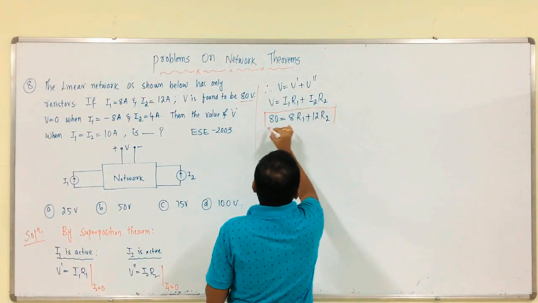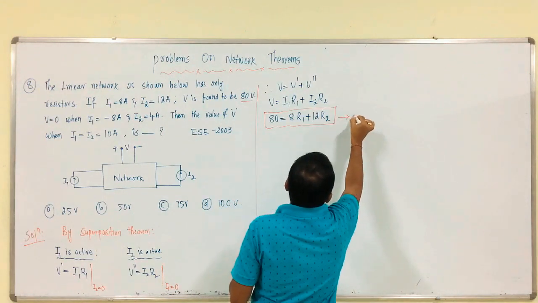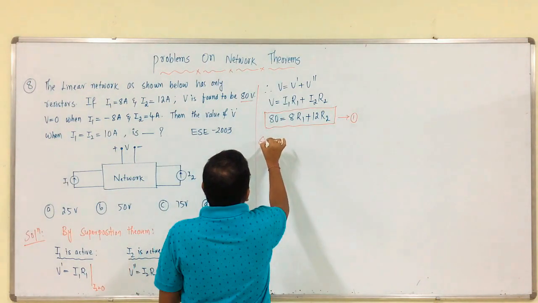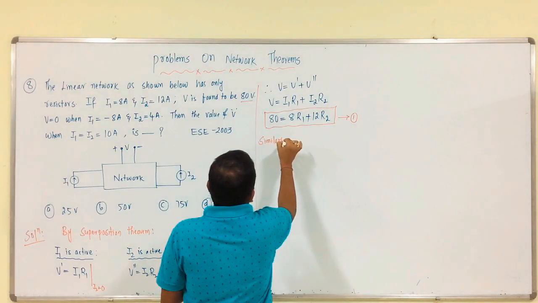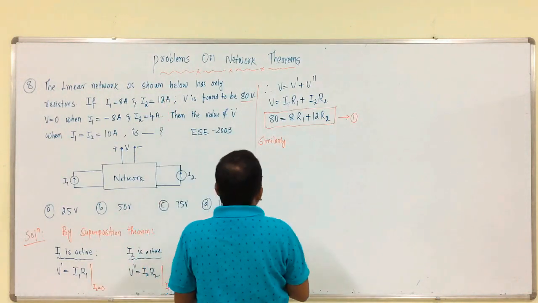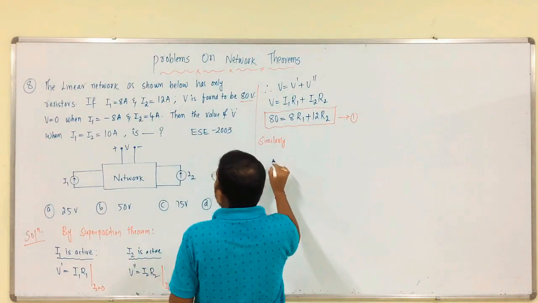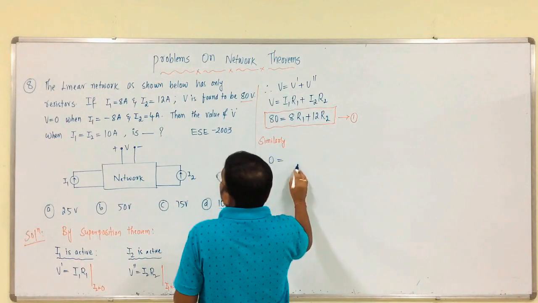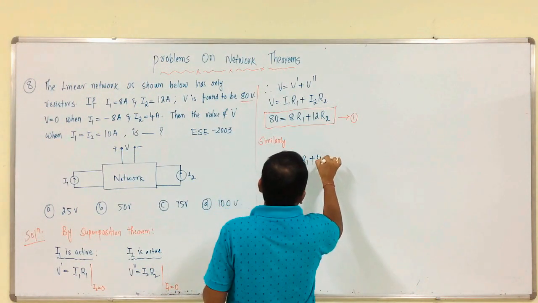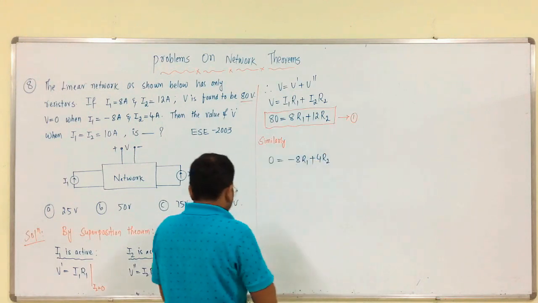This is equation 1. Similarly, by using the superposition theorem principle for these sources, we can get V is found to be 0, which is minus 8 R1 plus 4 R2, right? You can get this.